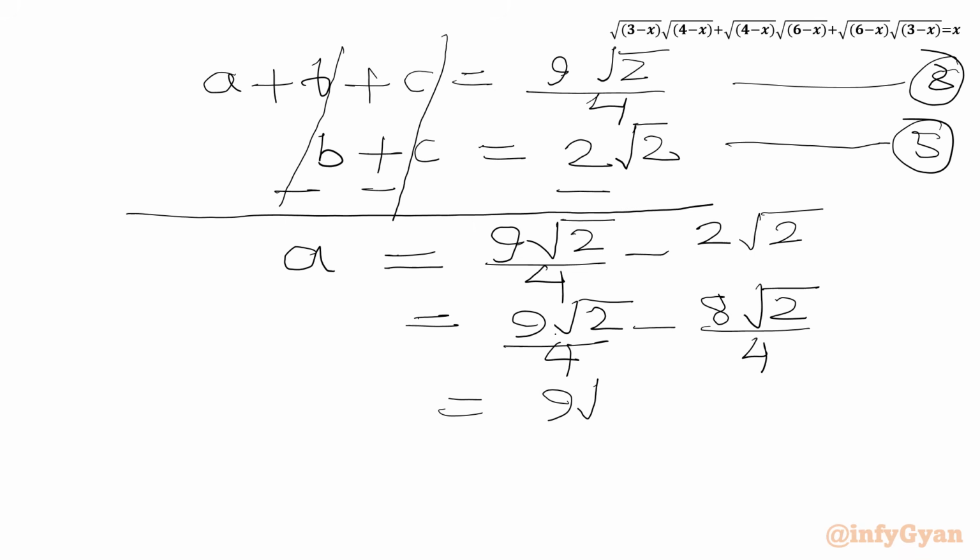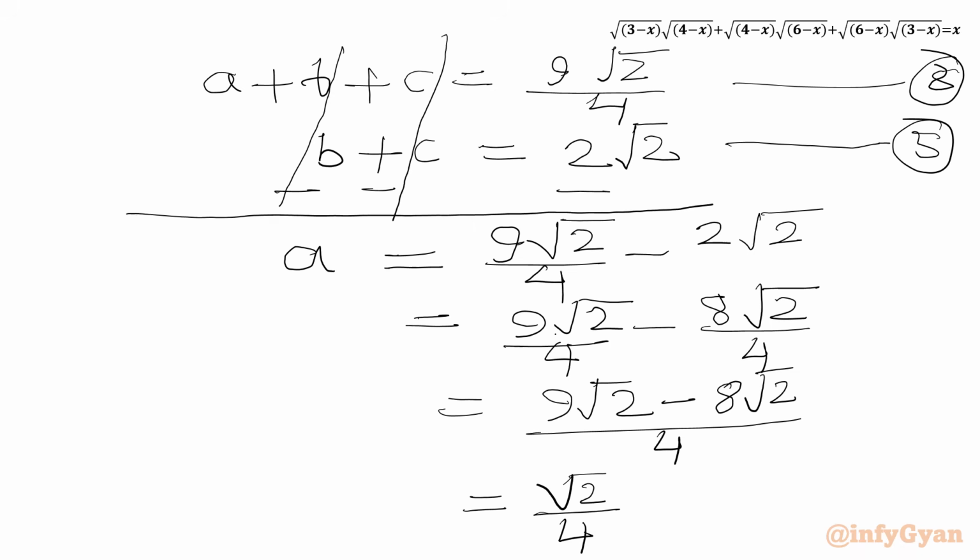We will simply subtract our numerators. 9 root 2 minus 8 root 2 over 4, which will be equal to root 2 over 4. So A is equal to root 2 over 4, and A was our substitution, square root of 3 minus x.